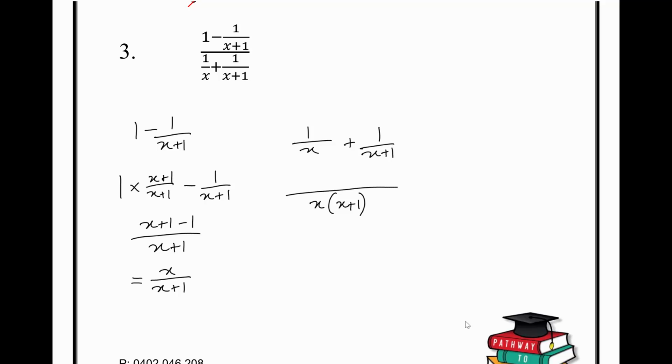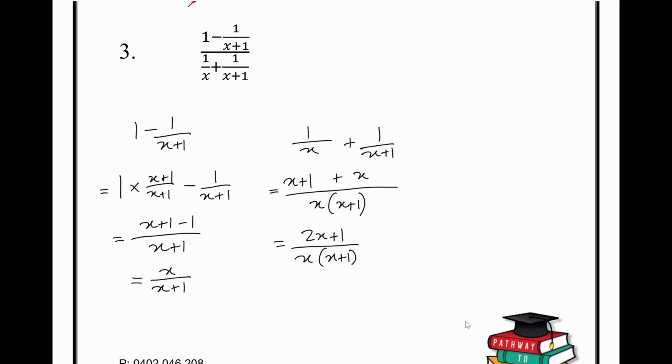The part on the left will equal x plus 1, and the part on the right will give us x. So once we simplify this, we end up with 2x plus 1 over x times x plus 1.